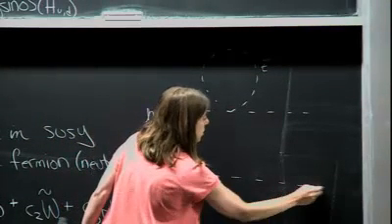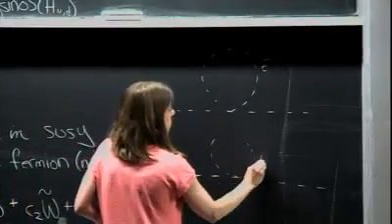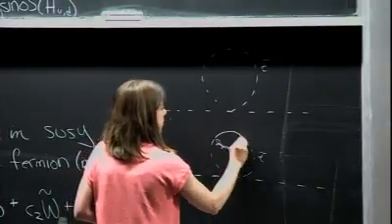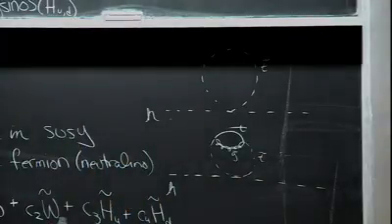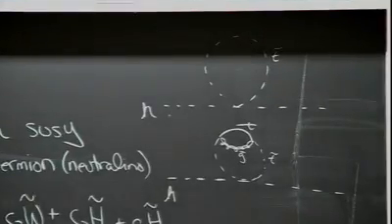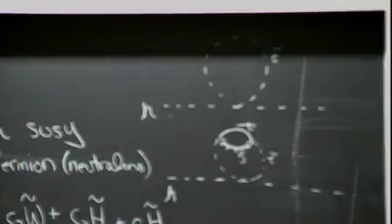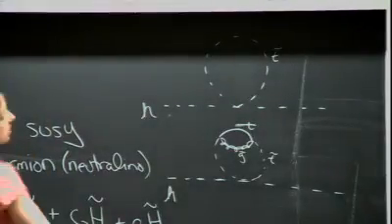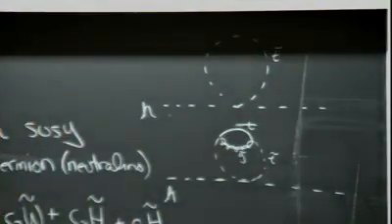And then in addition, there's a higher order process where I get a gluino in here and a top. So if the gluino and the stop are way heavy, they actually give a very large correction to the Higgs mass, and we built up this whole framework for supersymmetry to keep the Higgs mass light. So if supersymmetry is natural, these particles, especially the gluino and the stop, should be fairly light.